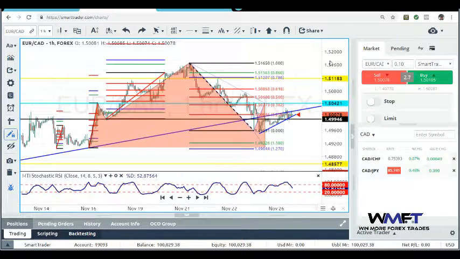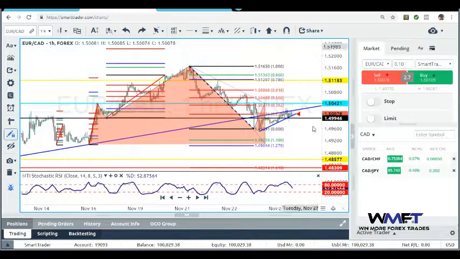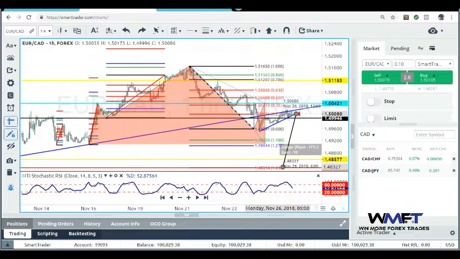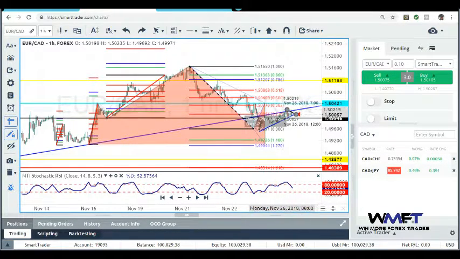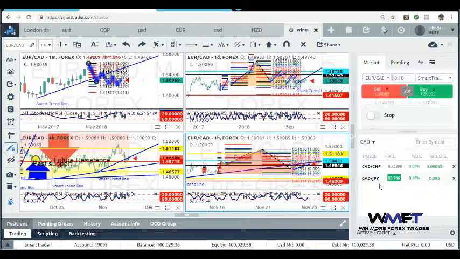So that is a grand opportunity to start selling the market and go after 177 pips. Going after 177 pips, you're only risking about 35 or 40 pips. So that is a good risk to reward ratio. And that's how we looked at the markets.